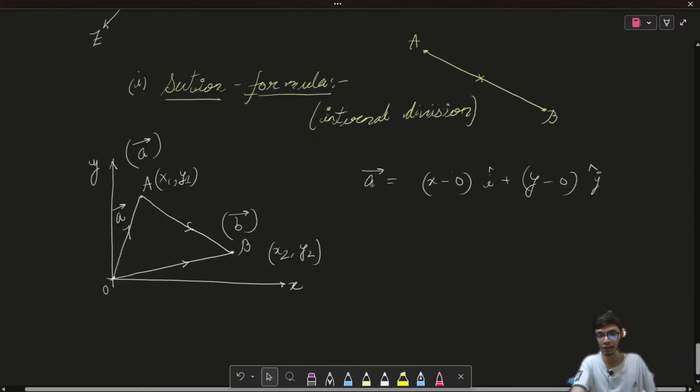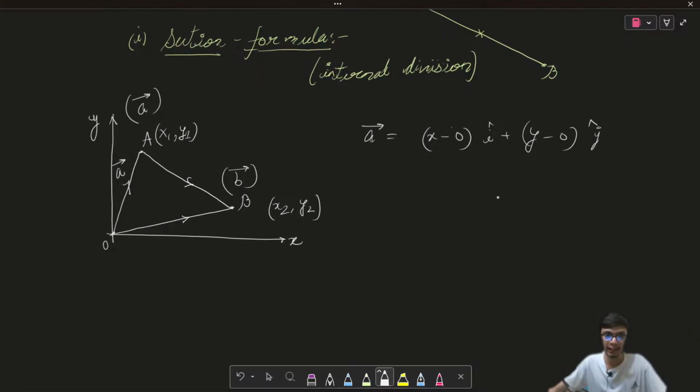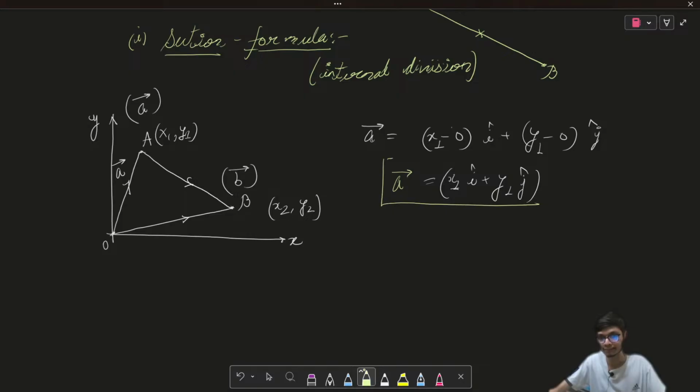So similarly vector A can be given as x minus 0 i cap plus y minus 0 j cap, which is nothing but, sorry, it should be x1 i cap and y1 j cap, right? So I will have my A vector as follows over here.